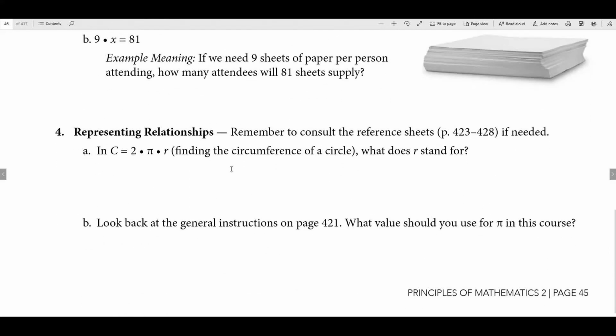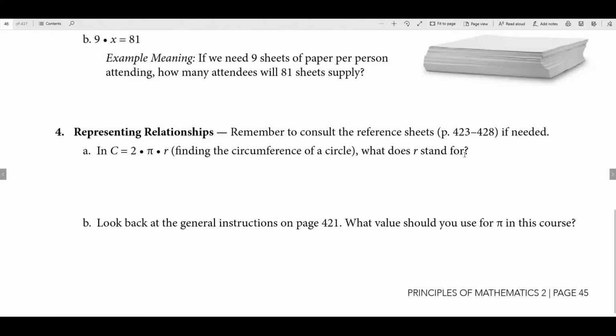All right, so on these, representing relationships, remember to consult the reference sheets, pages 423 to 428 if you need it. In the back of your book, it gives you those formulas, and I think that's what they're wanting you to use. Okay, C equals 2 times pi times r, which is finding the circumference of a circle.